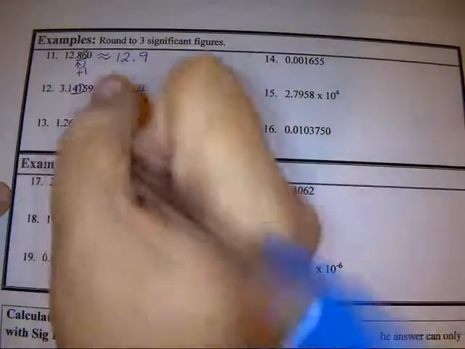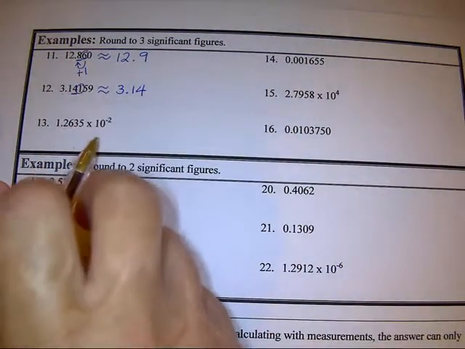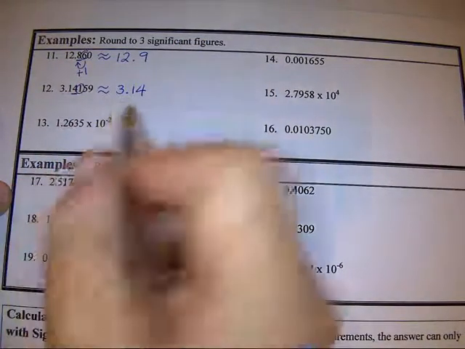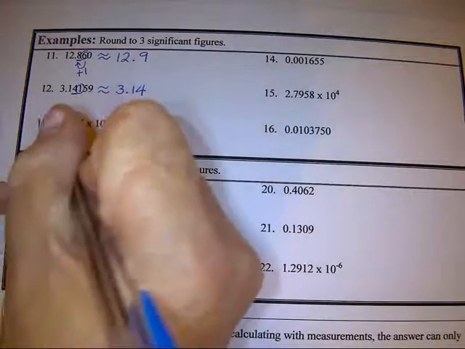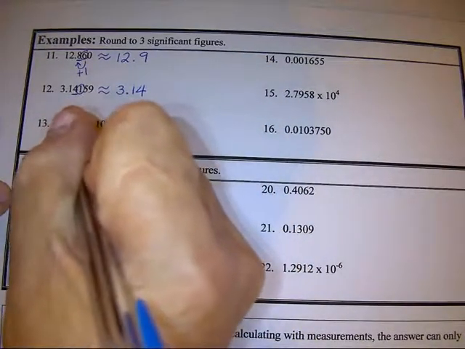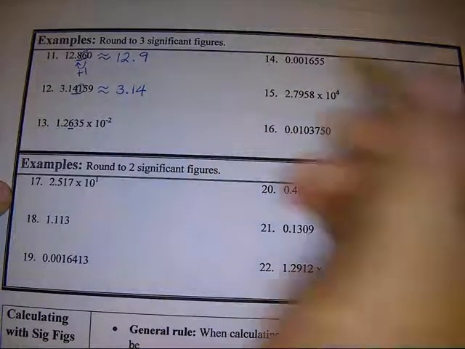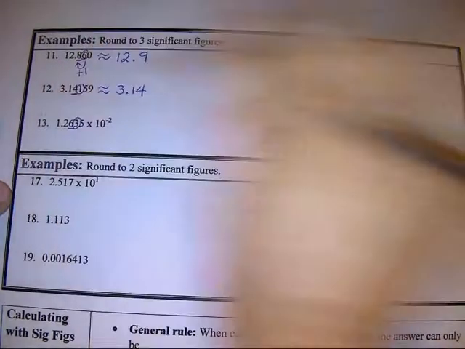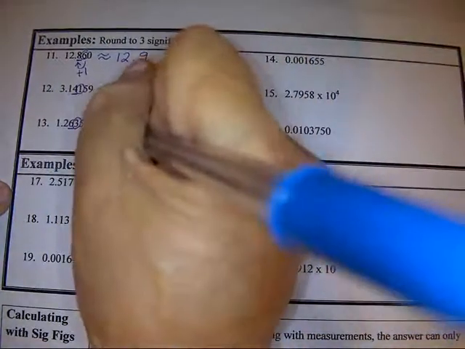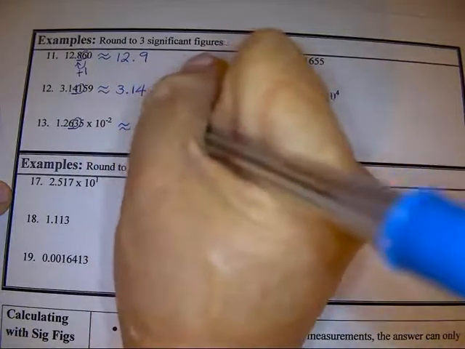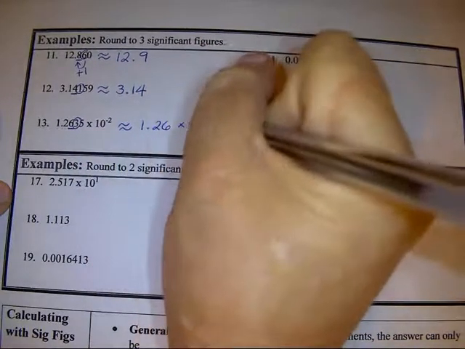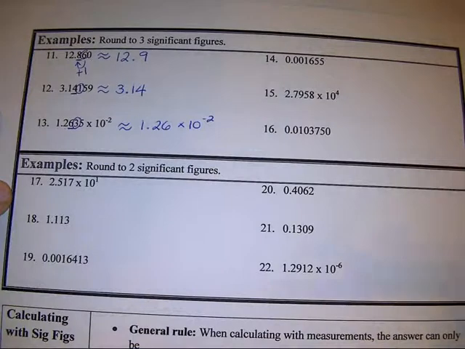And in number 13, 1.2635 times 10 to the negative 2. There are 3 sig figs that we want, so 1, 2, 3. 6 is the digit we want to keep. 3 tells me to round down, so this is going to round to 1.26 times 10 to the negative 2 power.